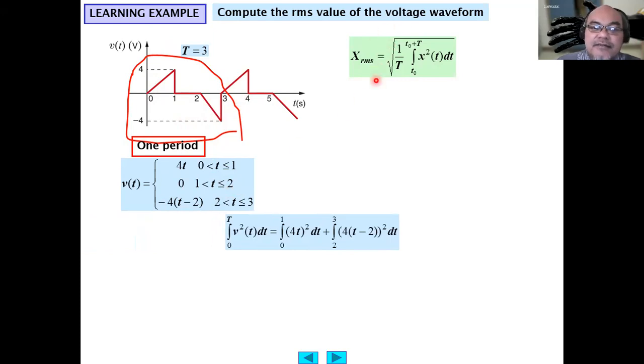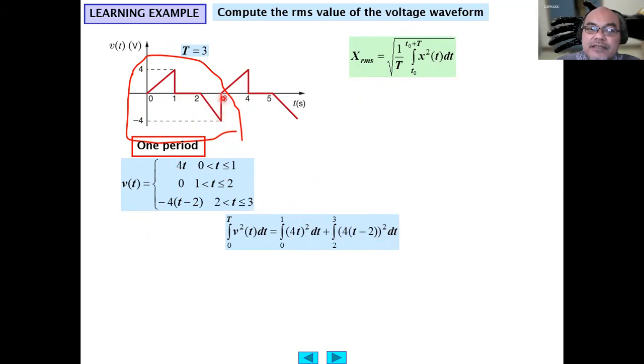So the integral from 0 until T of voltage squared dt equals these three regions: from 0 to 1, 4t squared dt. From 1 to 2 is 0, so we do not need to write it down. Then from 2 to 3 seconds, it equals the integral from 2 to 3 of 4t minus 2 squared dt.